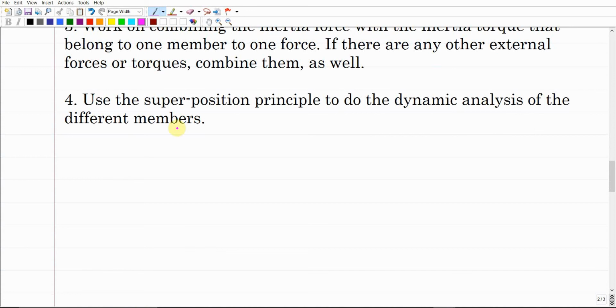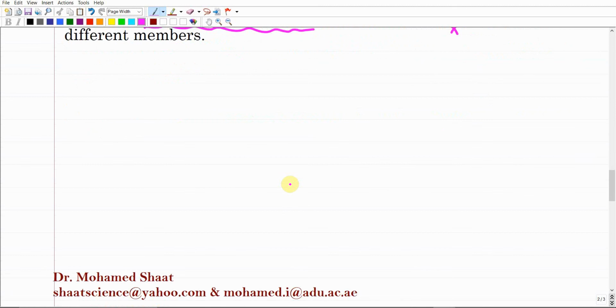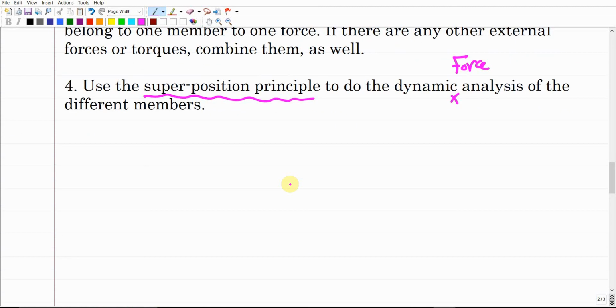To do the force analysis, we're going to use a principle known as the superposition principle to do the dynamic force analysis of the different members of the mechanism. What does the superposition principle mean here? For example, let us assume a simple 4-bar linkage.